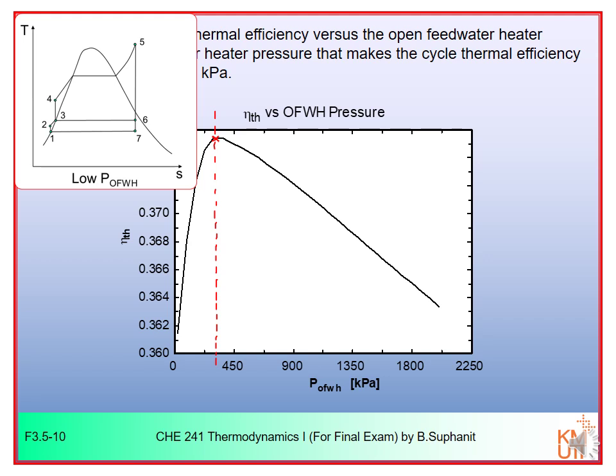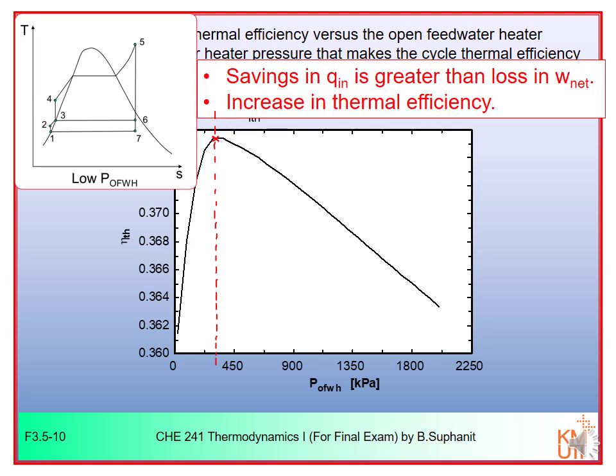With the cycle operating at low POFWH, low intermediate pressure, the amount of net work lost is smaller than the benefit that you would get from the saving in Qin.